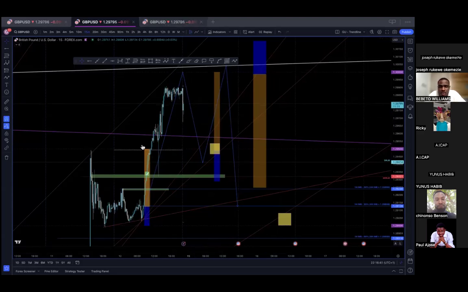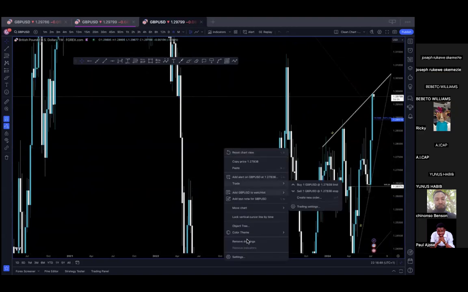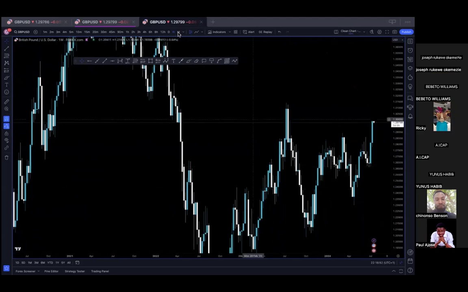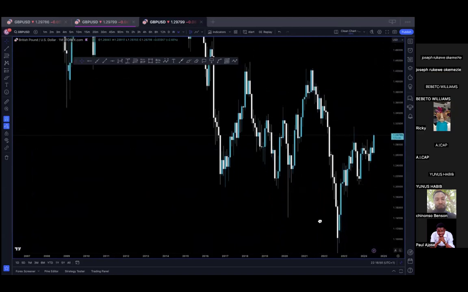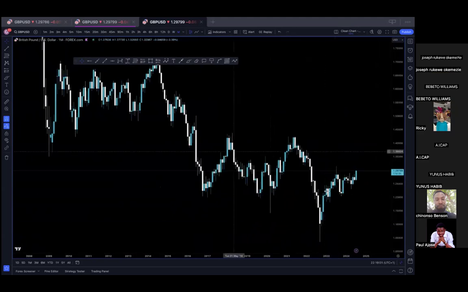Let me go to a cleaner chart. So let me start from monthly. I basically use trend line, psychological level, and M pattern. Let me quickly run through my trend line here.